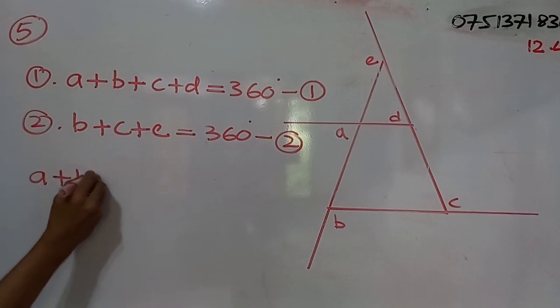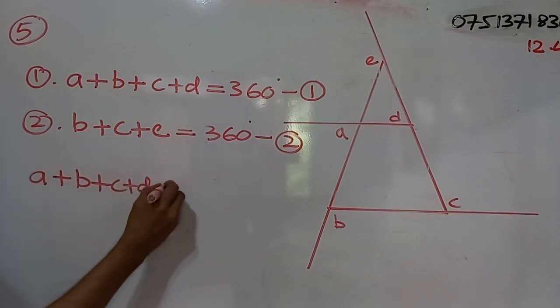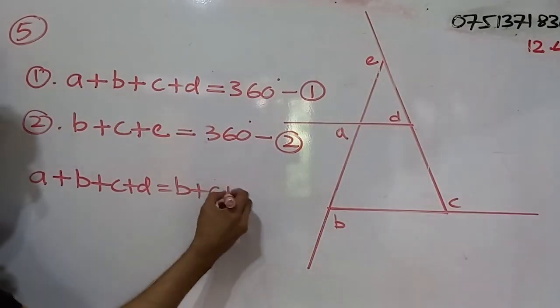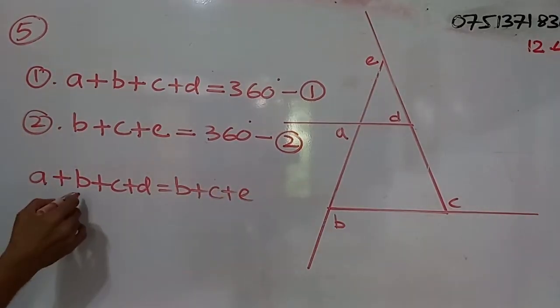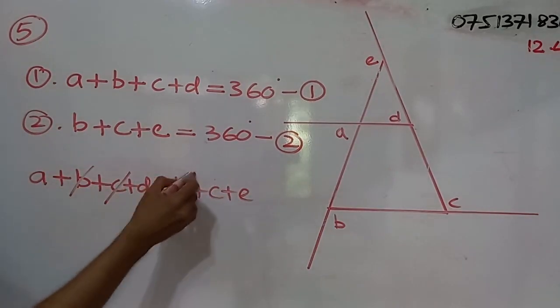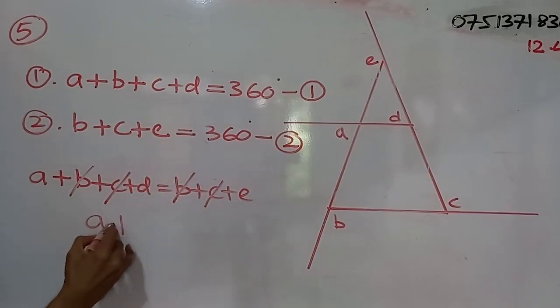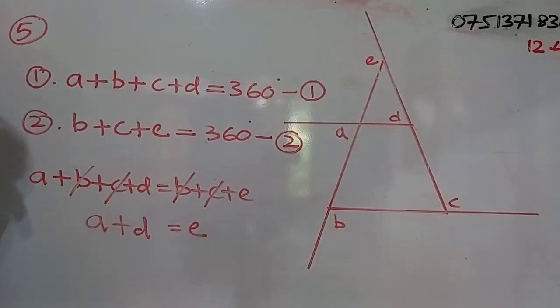A plus B plus C plus D, that is equal to what? B plus C plus E. So I can cancel off B, C. So A plus D, that is equal to E. Right? So if we flip the sides, the values are also the same.